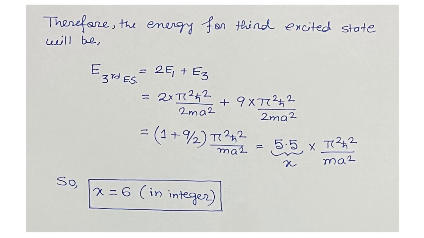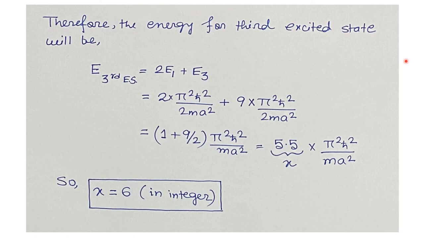Up to this point, we have found the actual arrangement of three bosonic particles in the energy levels of the one-dimensional potential well to achieve the third excited state of this system.